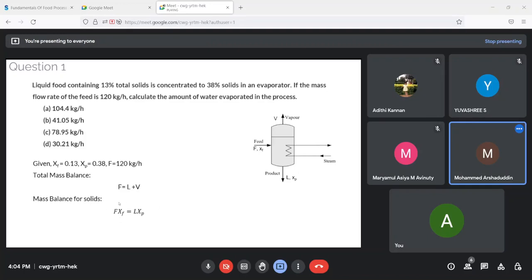The total amount of solids entering is the total amount of solids leaving. This is the mass balance for total solids. So from this, can you calculate V? You have two equations. How do you go about calculating V?